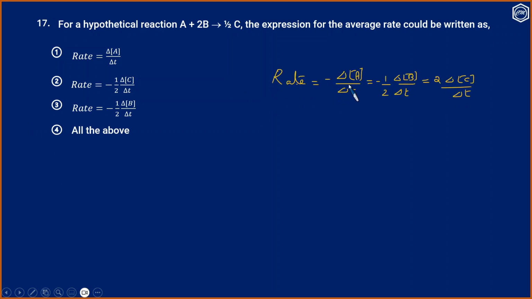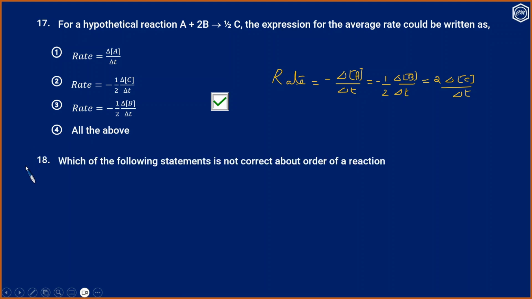The rate of the reaction could be written as minus delta A by delta T, which is equal to minus 1 by 2 delta B by delta T, and that should be equal to 2 into delta C by delta T. Since A and B are reactants, the rate expression should be negative. So the correct option should be option 3, rate is equal to minus half into delta B by delta T. Here it is not given as negative, and for this one it should be 2 into delta C by delta T.